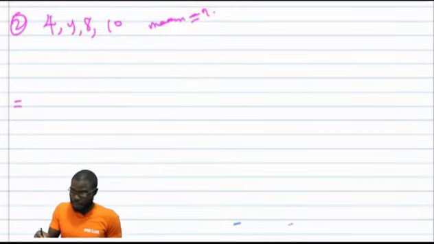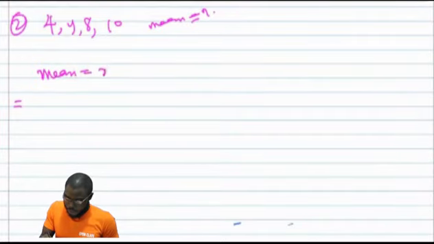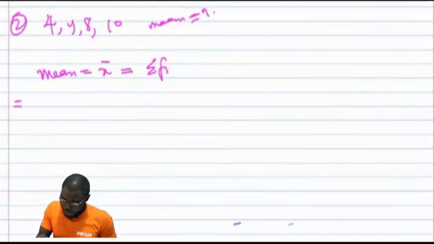Remember, your mean, which is your average, x bar, is equal to the sum of fx over the sum of f.